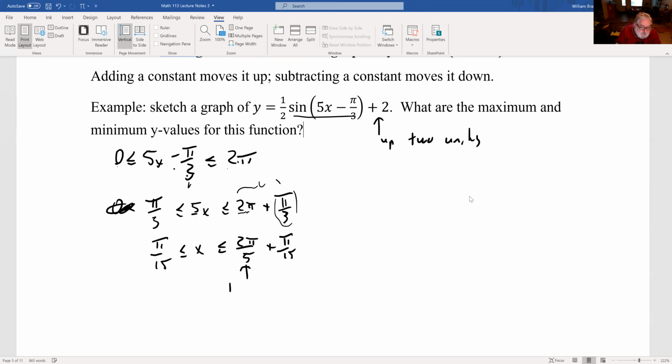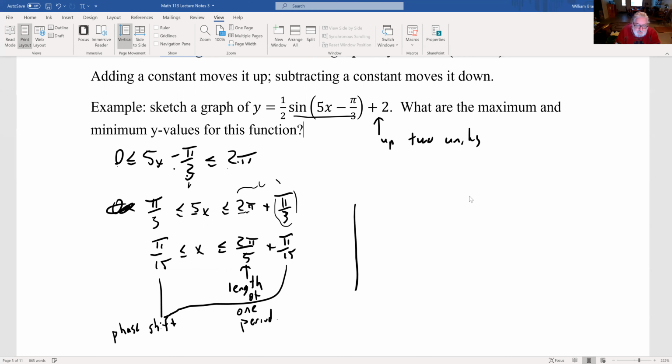This number is the length of my cycle. This number, it's the same number, is the shift. It's actually called the phase shift. So that's the length of one period. So what kind of a graph did we get? Like we saw before, my amplitude is 1/2. So we went from 1/2 to minus 1/2.